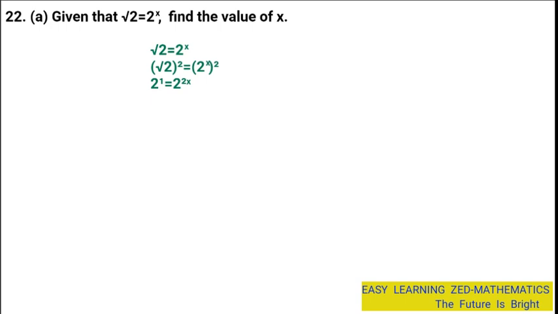Once I've done this, the next thing I'm going to do is focus on the powers. That means I'm going to ignore the bases. The reason I'm ignoring the bases is because the base in the first term and the second term are the same. So there is no need to worry about it. If the bases were different, I would have converted one base into the other so that they can be of the same base.